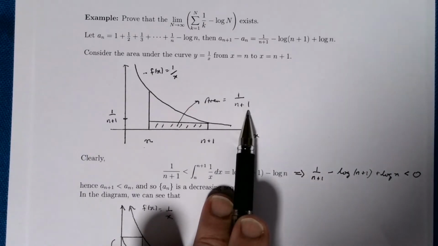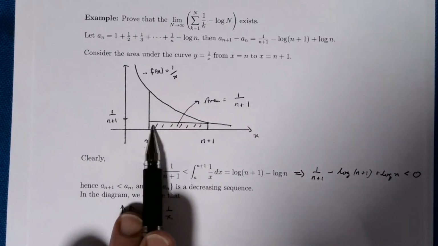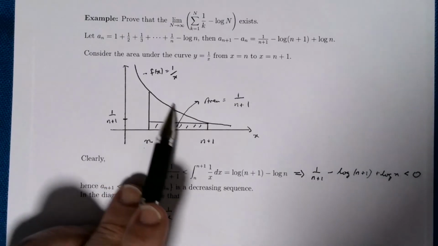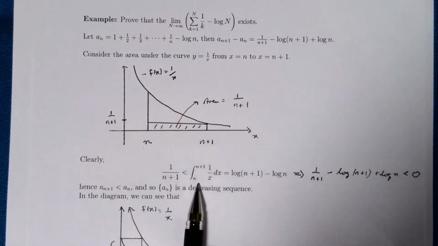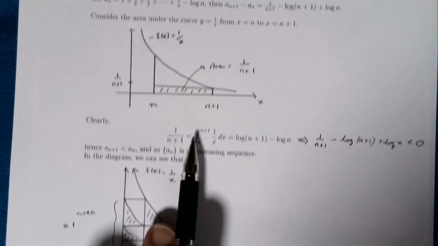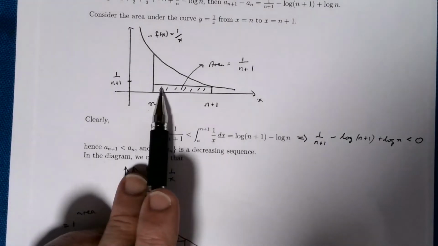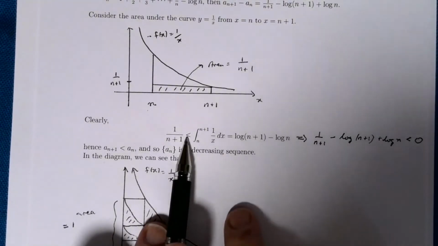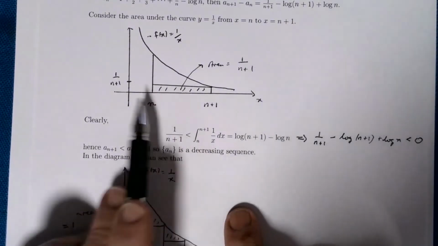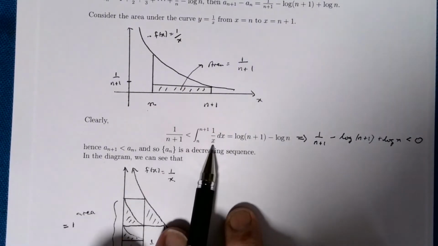Now it's pretty clear that this shaded area is less than the area under the curve between n and n plus 1, which is given by the integral. So the area of this rectangle is less than the integral of 1 over x from n up to n plus 1, and that's a standard integral.